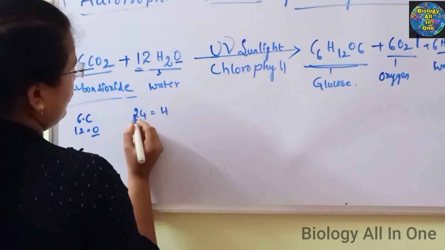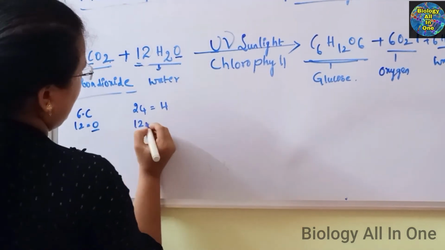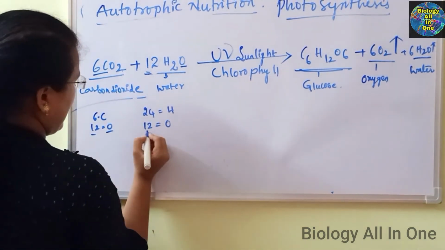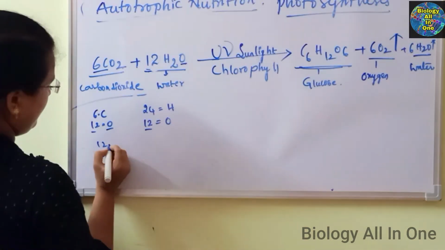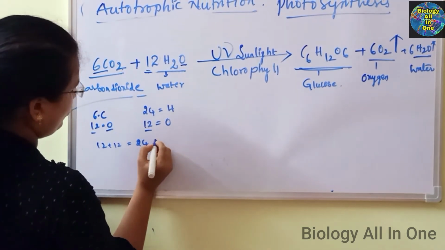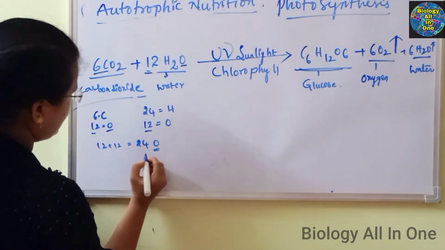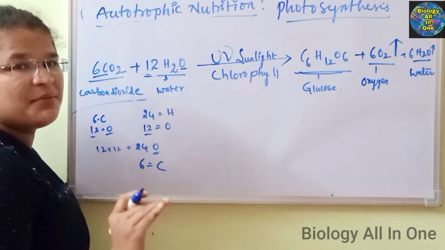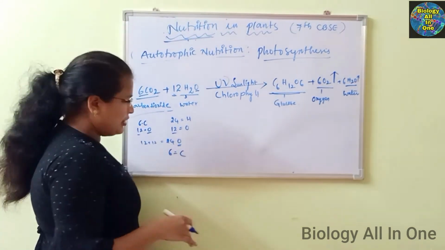12 twos are 24. Okay. Next 12 oxygens are there. 12 plus 12 is equal to 24 O's. You remember this. 6 carbons are there. Very easy balancing. I am telling you, you remember this.